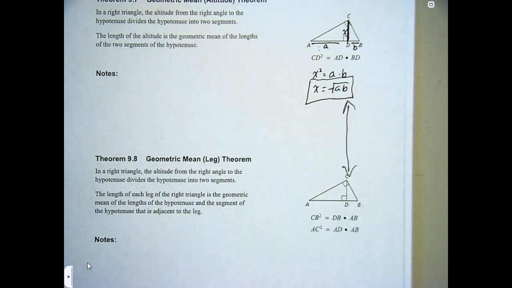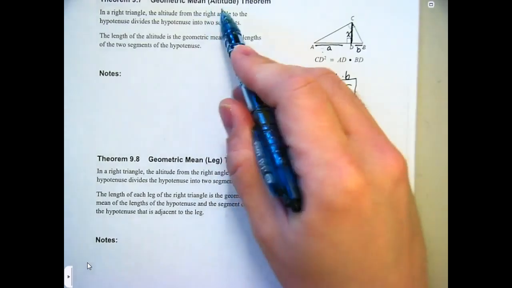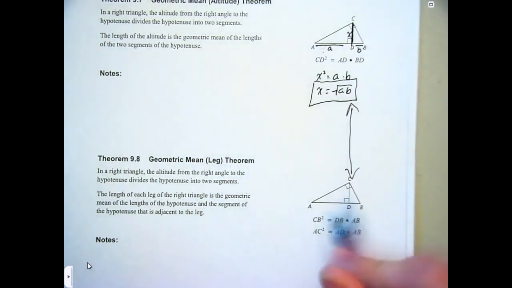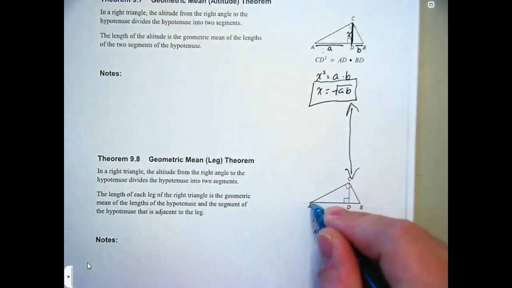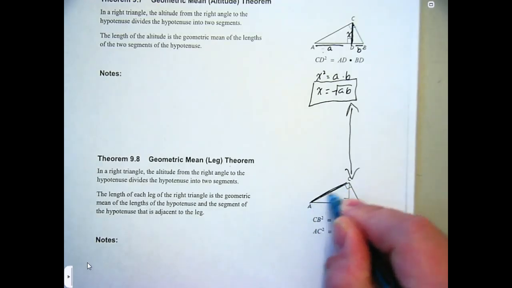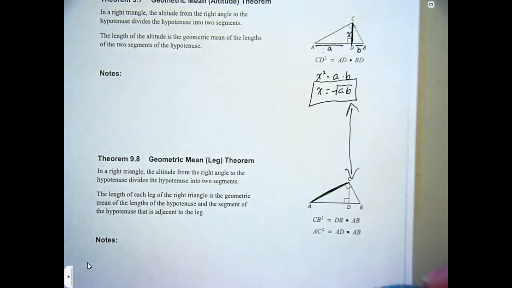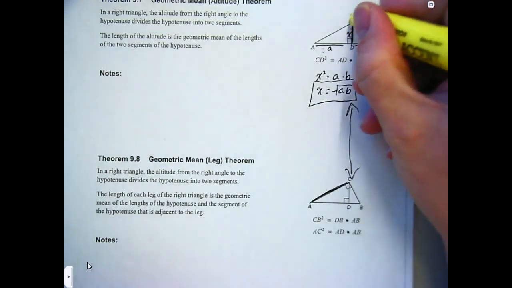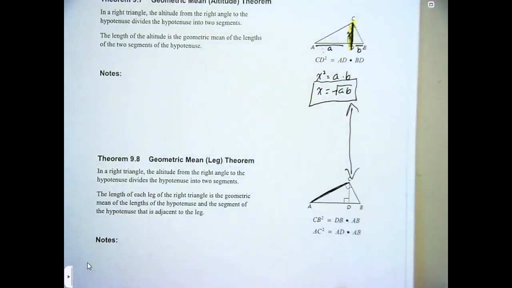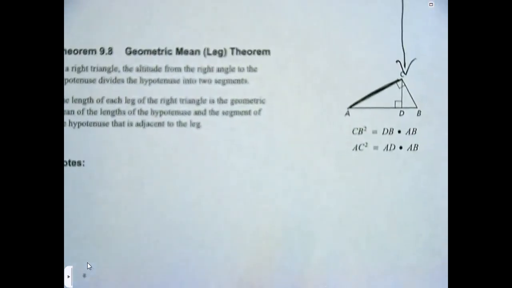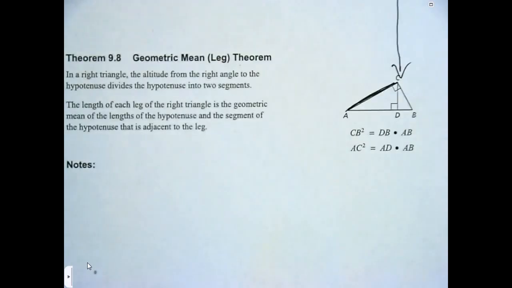Yeah, this one deals with legs, this one deals with altitude. Okay, this one says I'm dealing with the altitude of the big triangle. This one says I'm dealing with the legs of the big triangle. So here's a leg of the big triangle, whereas up here, this x is the altitude of that big triangle. Okay, so if I focus in now on the legs, notice you're taking the geometric mean of different items there.